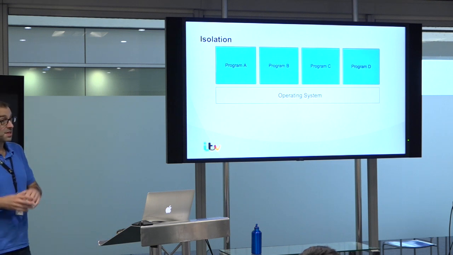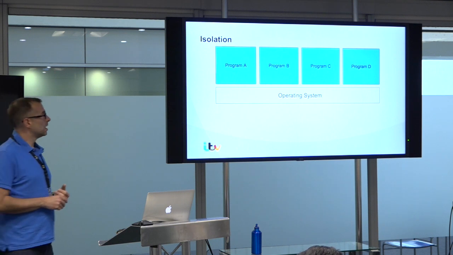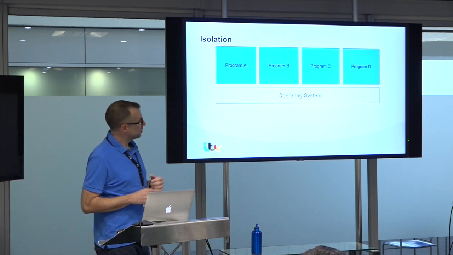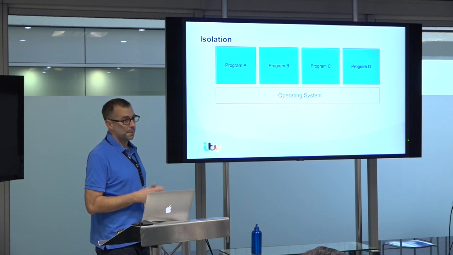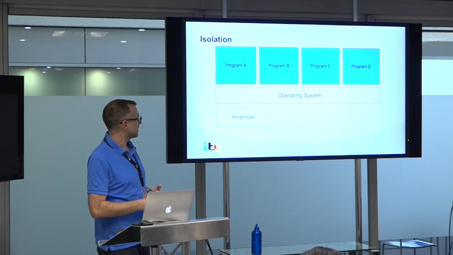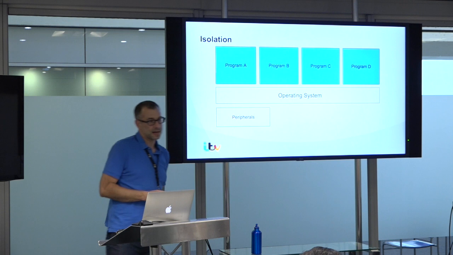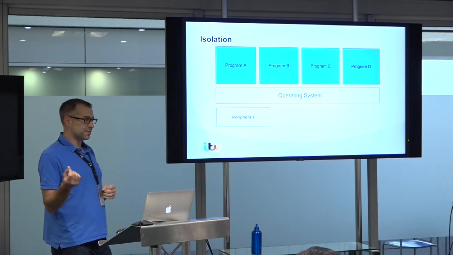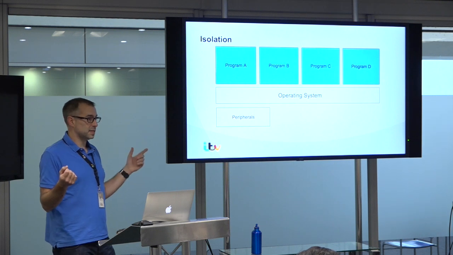Early operating systems didn't worry about the isolation too much, but modern operating systems have to. You have to stop the programs interfering with each other when they're running what appears to be in parallel. So first of all, you need to restrict access to peripherals. So we use the operating system to govern this access. You don't want one program trying to write to a disk drive while another one's controlling the disk head.